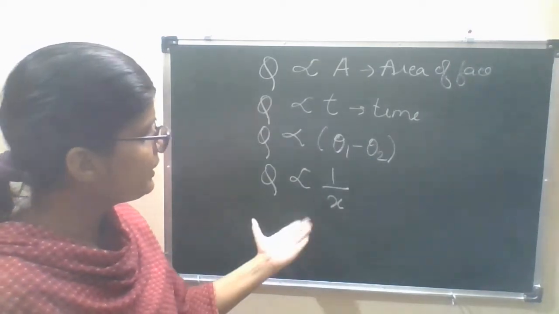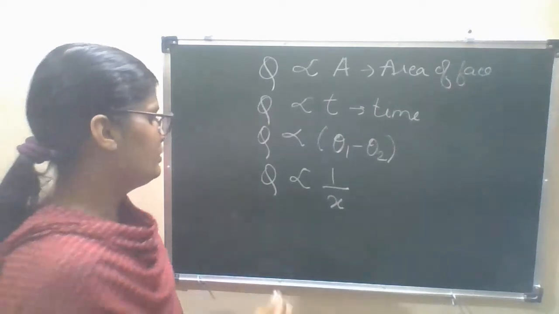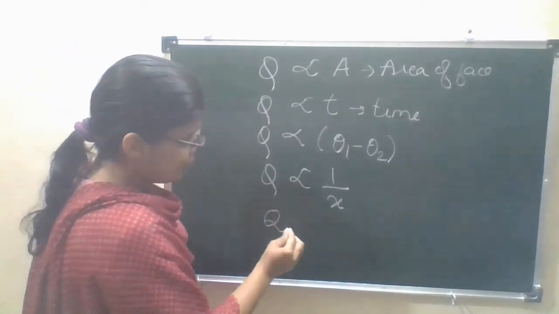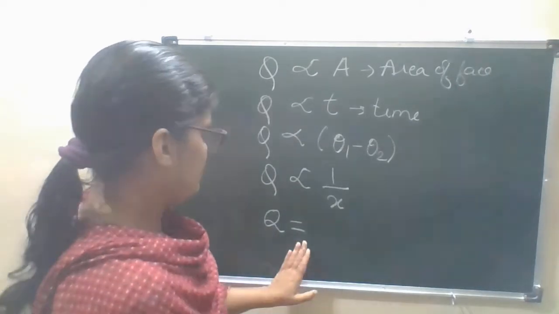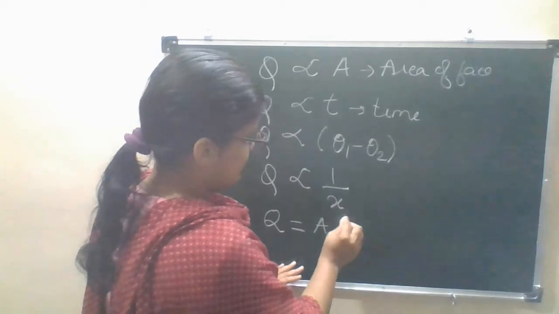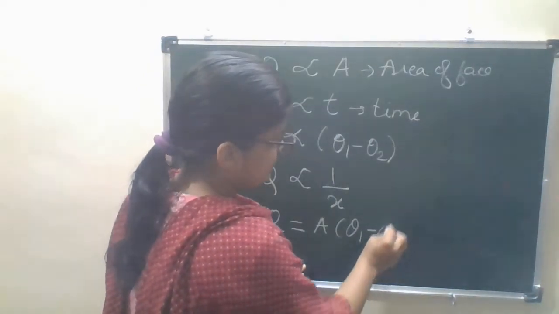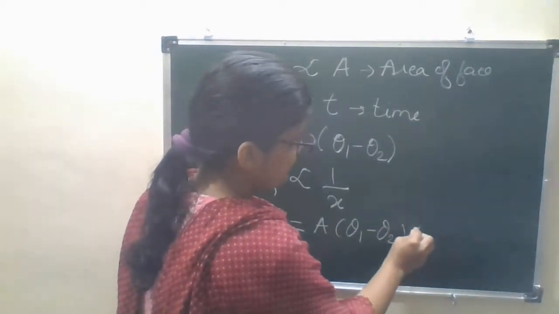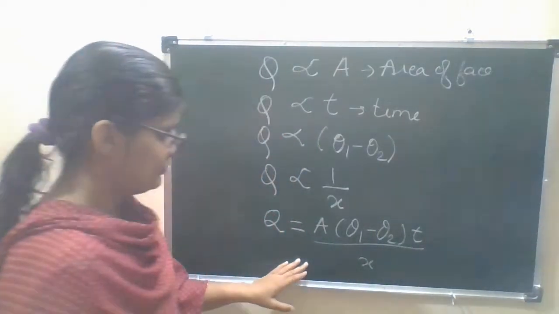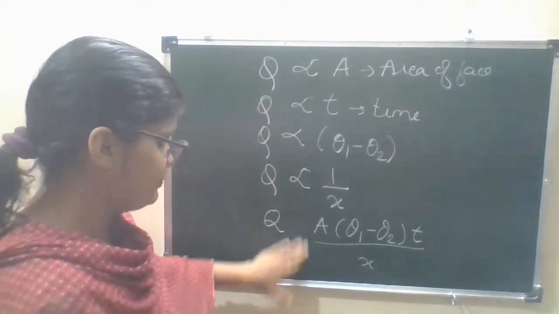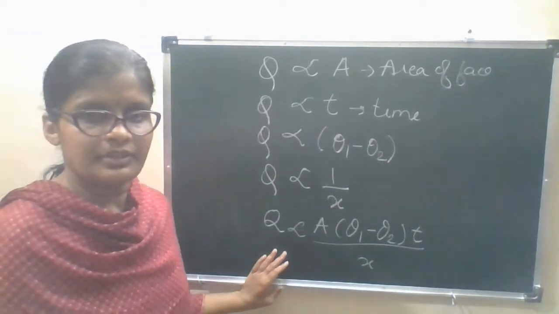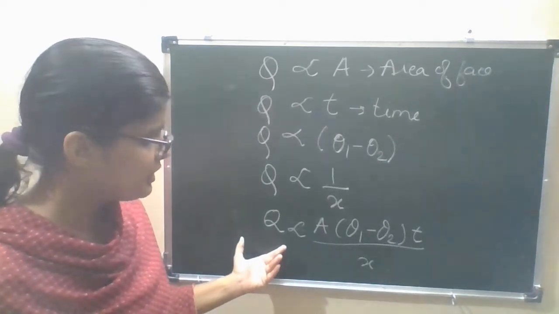Okay, now combine all these relations. What will the equation be? The equation will be Q is proportional to A times theta 1 minus theta 2, times t, the time, upon x. Is this correct? Yes, it is correct.